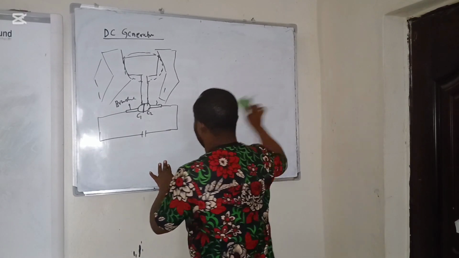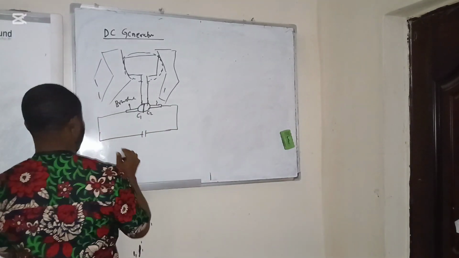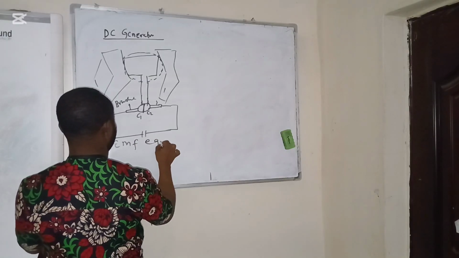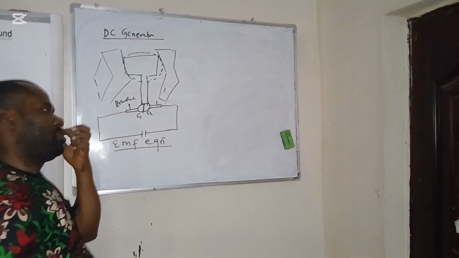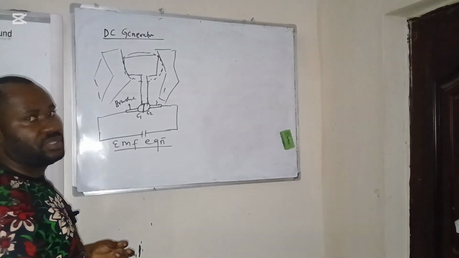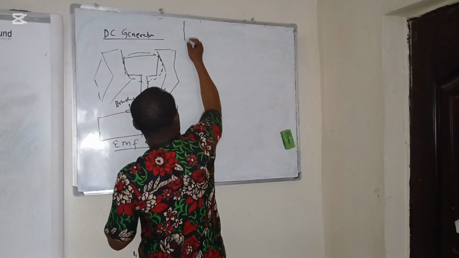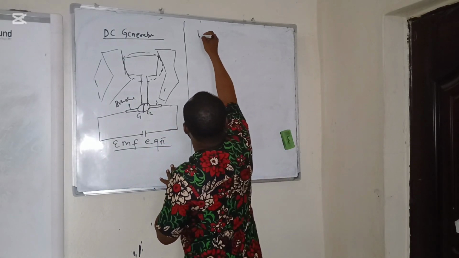So now we want to actually look at the EMF equation in a DC generator. So we have this change in flux.